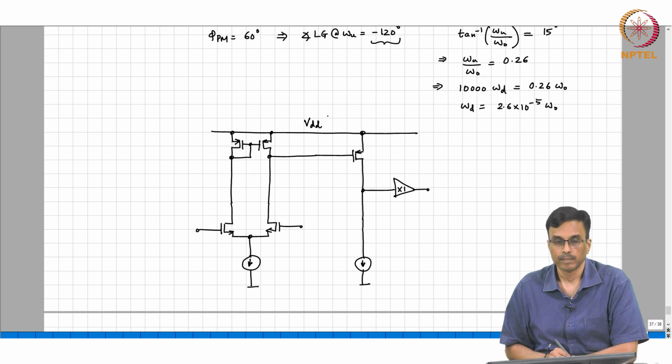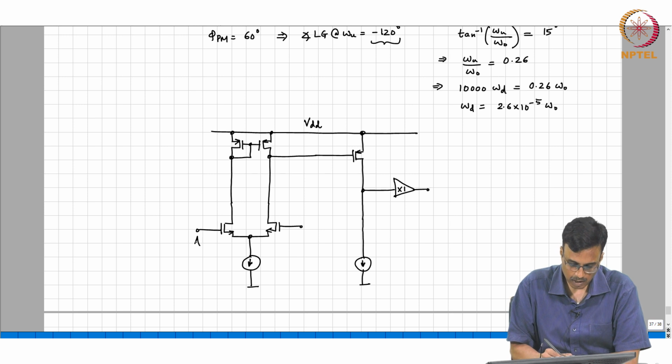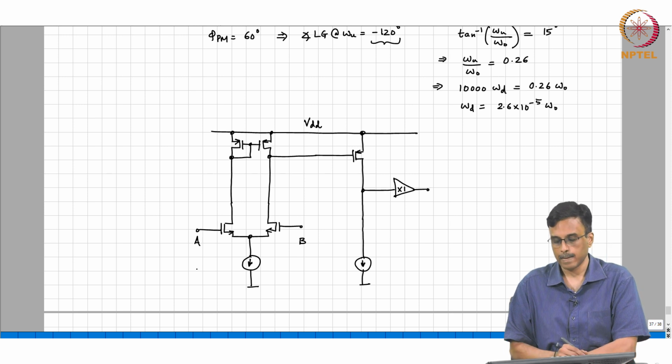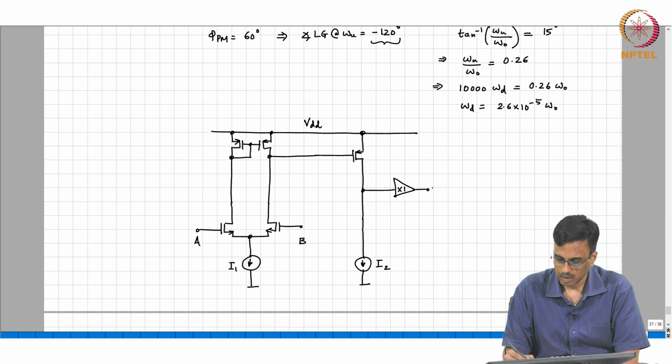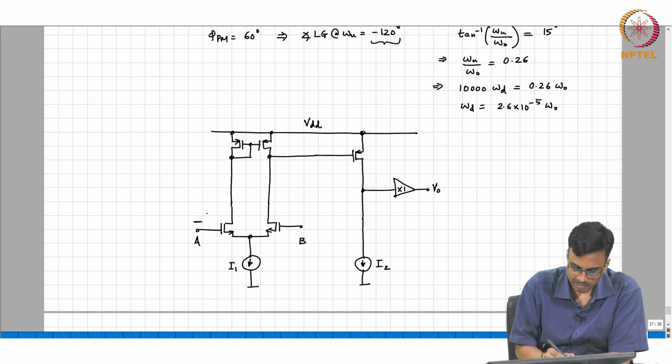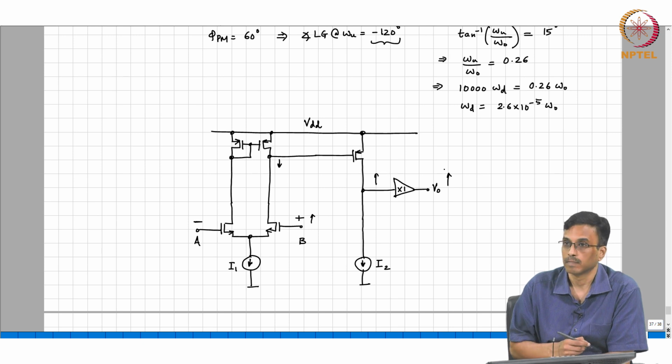Let us call this A, let us call this B. A is negative, B is positive, and so if you yank B up, this is going to go down, if this goes down, this goes up, if this goes up, that goes up, right.